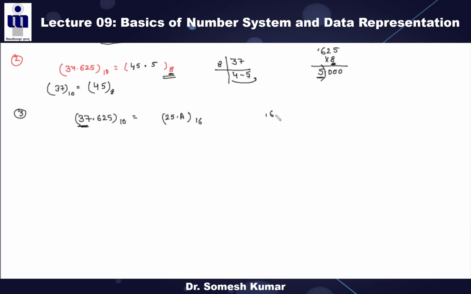So if we multiply 0.625 with the 16, right? So what is the answer? Answer should be this. And what is this 10? In form of hexadecimal, 10 is represented by A. So in this way we can convert any decimal to other number, right?